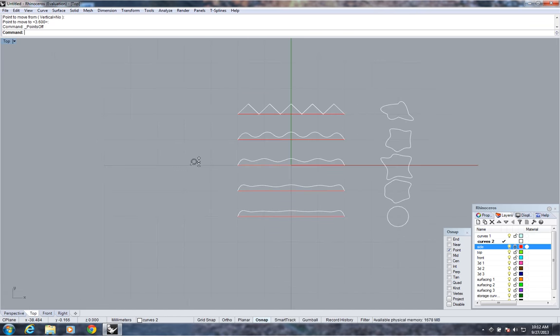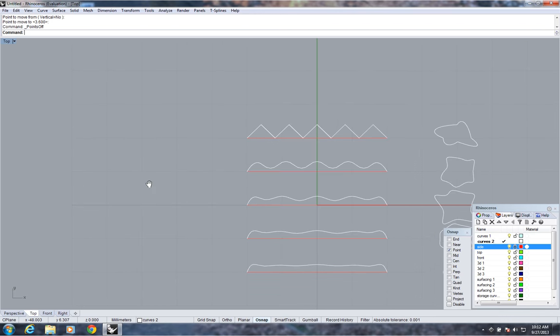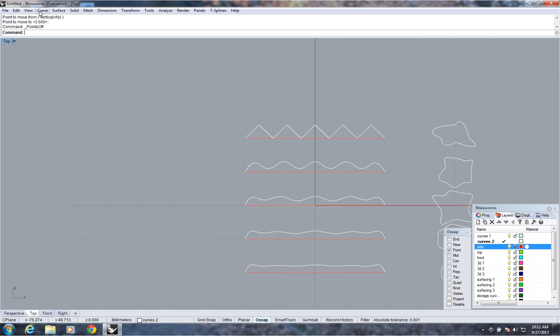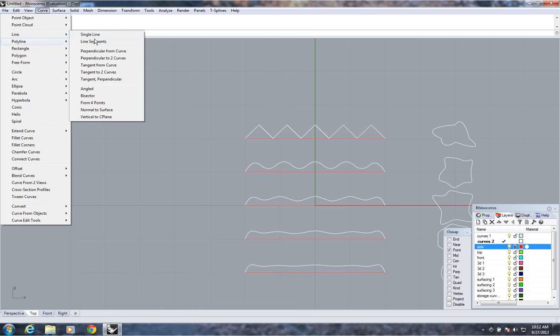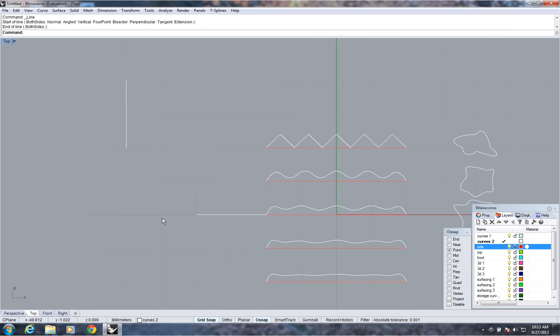The next thing I want to discuss as far as curve math is the concept of tangency: how you use your understanding of the math behind a Rhino curve to create smooth, flowing geometry.